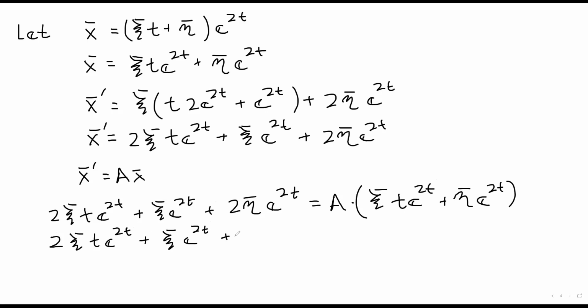Now we're going to multiply through by A, so we get A xi t e to the 2t plus A eta e to the 2t. One of the things we can do is cancel all the e to the 2t's.